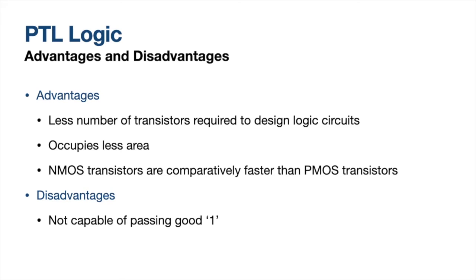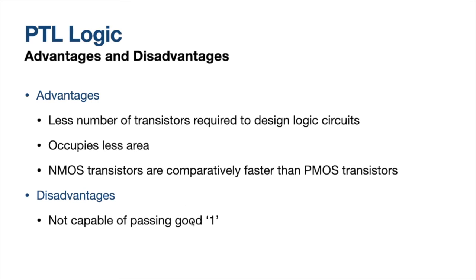So number of transistors is obviously less in case of pass transistor logic, and it occupies less area, and NMOS transistors are comparatively fast when compared to PMOS transistors. So while using for pass transistor logic, instead of using PMOS transistor for the same, if you use NMOS transistor, the circuit will be comparatively fast.